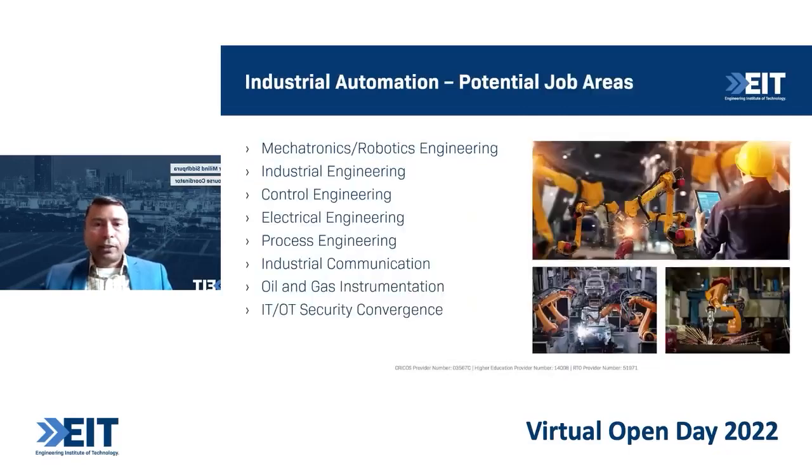So this is a picture of that, and I'd like to talk about different potential job areas. If you are a graduate with industrial automation, you could be working in the field called mechatronics or robotics, industrial engineering, control engineering. You are part of the control engineering team, electrical process engineering. You will be looking into industrial communication systems, oil and gas instrumentation, and IT, OT security convergence.